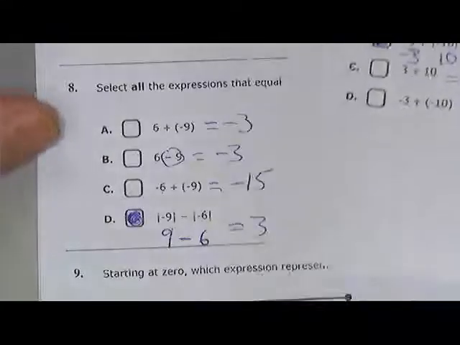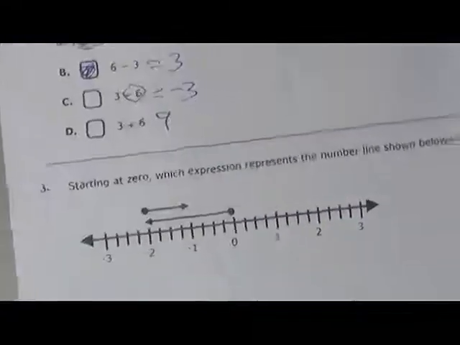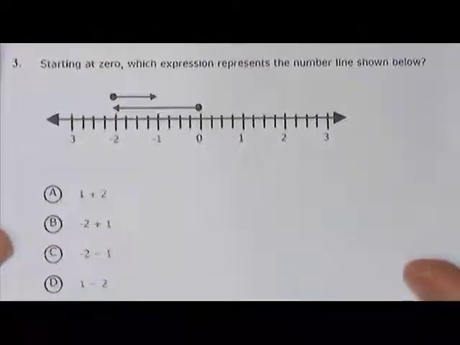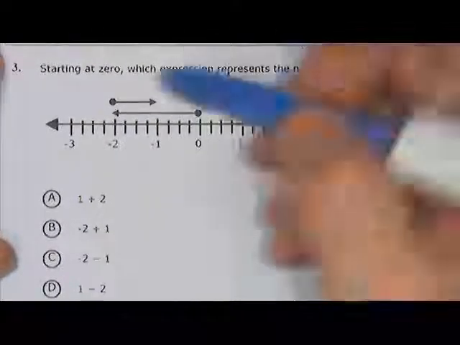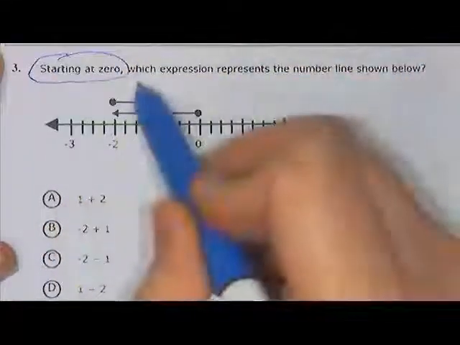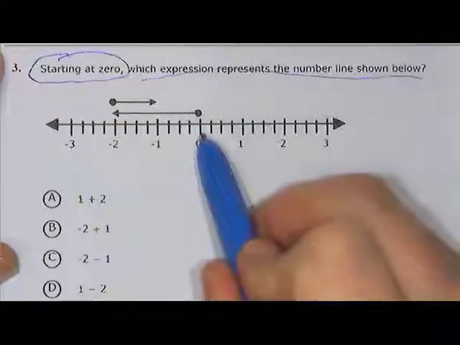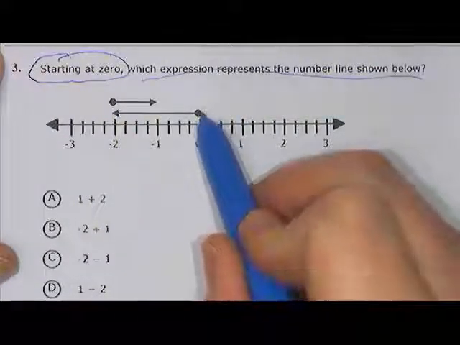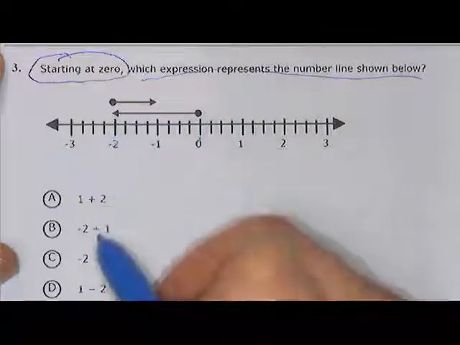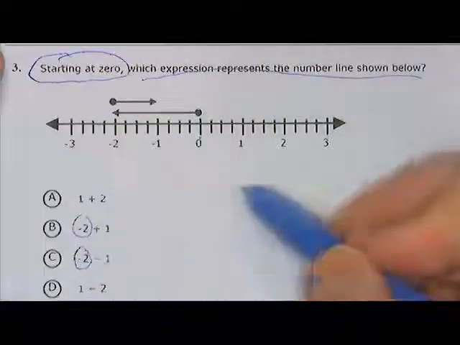Okay, now let's go to the last type. The last type is like this. All right, notice it says starting at 0. Which expression represents the number lines below? Starting at 0. Well, this one starts at 0, and it goes -2. So it's either this one or this one.